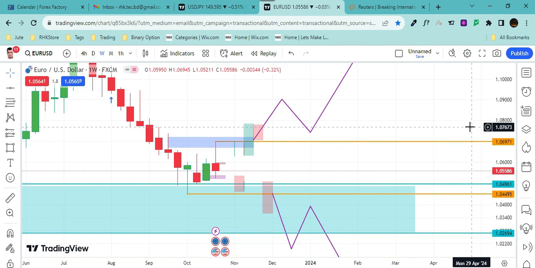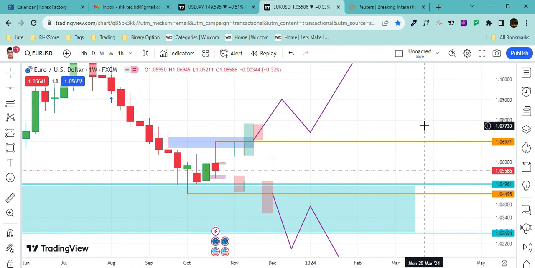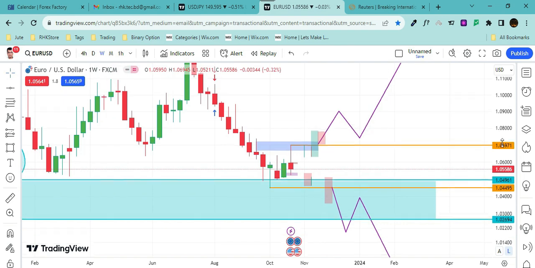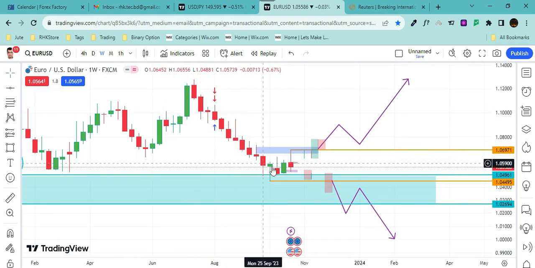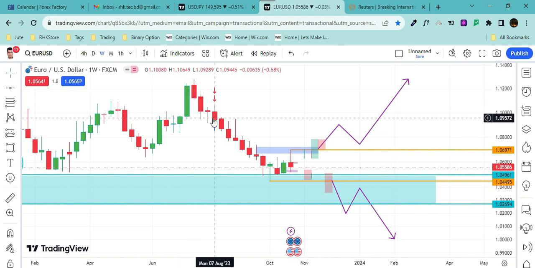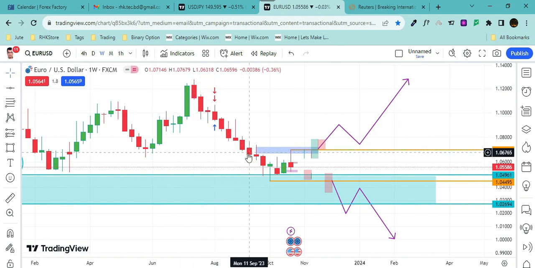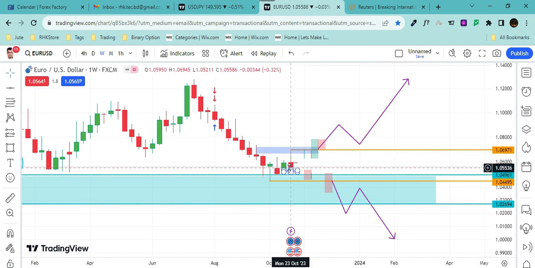However, it is my way of thinking that too much shelter has been taken in the US dollar, because you can see that the euro is coming down like anything, for more than 11 weeks. If you can see 1, 2, 3, 4, 5, 6, 7, 8, 9, 10, 11 weeks, it is coming down, and it tried to build an area where it doesn't want to go.